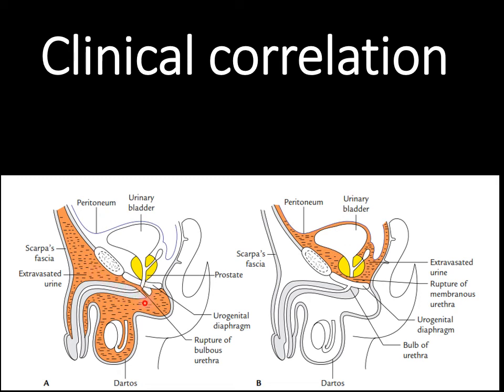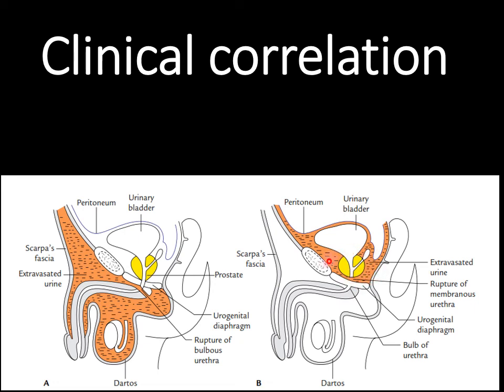So the extravasated urine collected in the superficial perineal pouch passes through the anterior opening and enters the infraumbilical part of the abdomen.